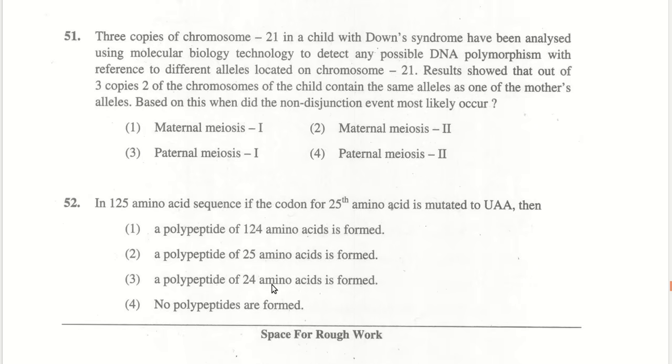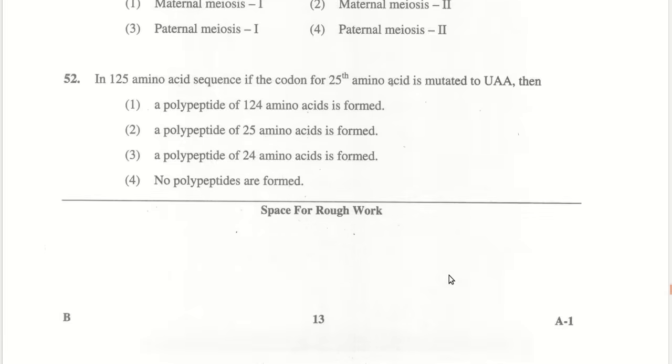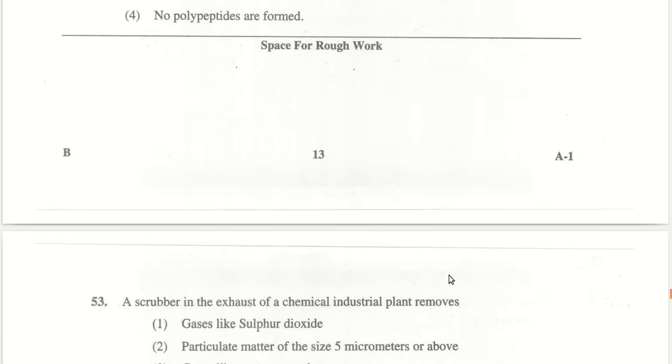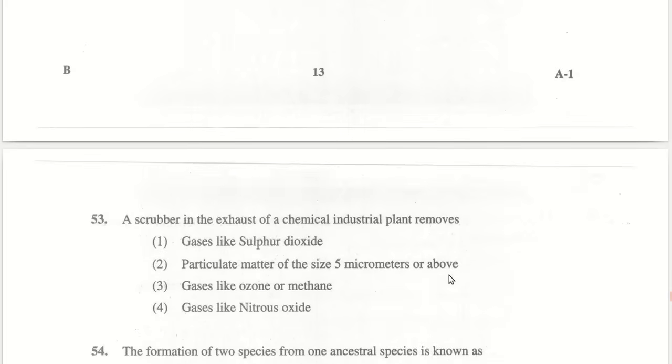So, there is a polypeptide of 24 amino acids that are formed. 53rd, a scrubber in the exhaust of a chemical industrial plant removes gases like sulfur dioxide. So 53rd, the answer is gases like sulfur dioxide. That is the correct statement. So the scrubber in the exhaust of a chemical industrial plant removes sulfur dioxide.